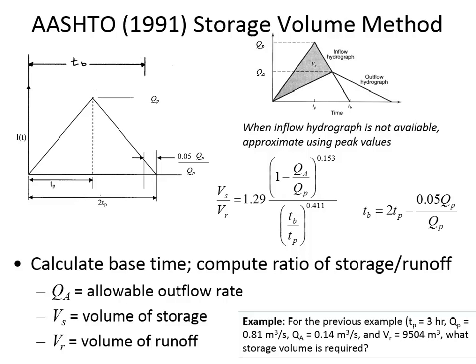Q sub A, the outflow, is 0.14 cubic meters per second, and the volume of runoff, based on the duration of the storm, is 9,504 cubic meters.